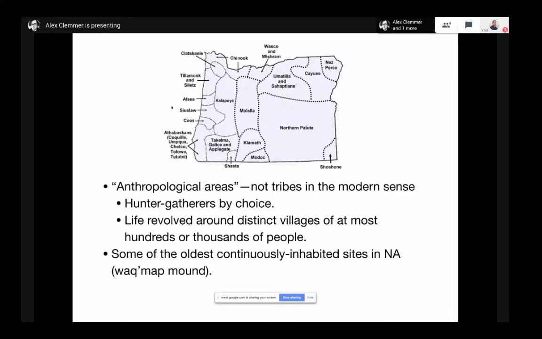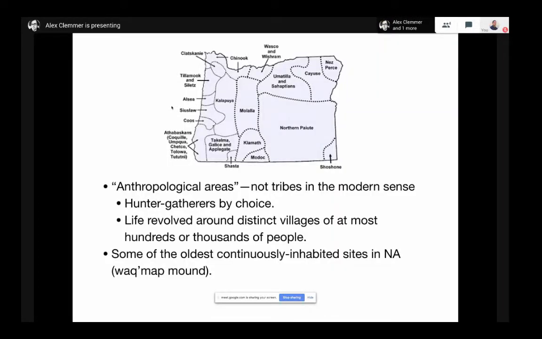They weren't hunter-gatherers in the true sense of the Great Plains tribes, where if you were a member of a tribe who hunted buffalo, your day-to-day life was largely defined by what the buffalo were doing. That's not really true of the Columbia River tribes. The Columbia River tribes were largely settled in villages, and then they incidentally also hunted and gathered.